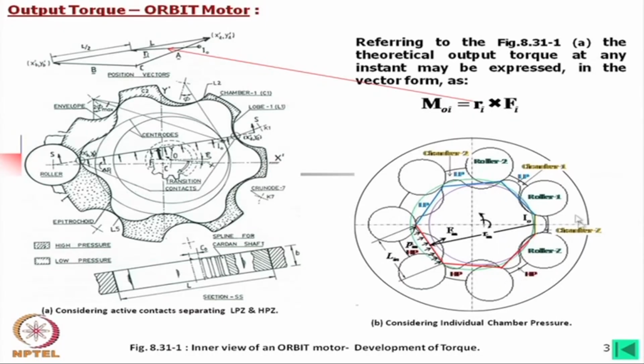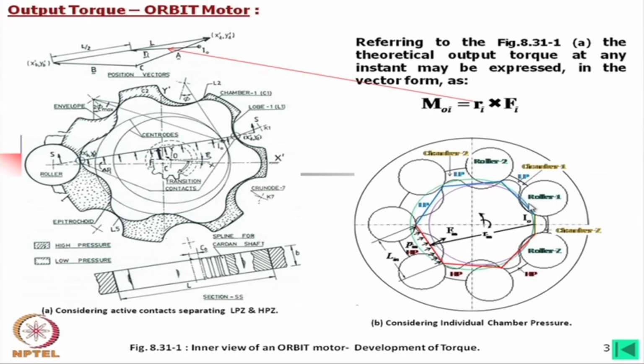Now, I have drawn another figure here. In this figure, again I have shown, apparently slightly rotated by this angle. In the earlier case, it has not rotated, it is at the 0th angle. If we remember our earlier axis system, this is the x axis and this is the y axis, the reference axis which coincides with the ring gear.